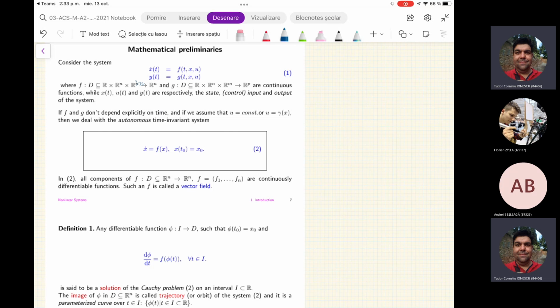And g is another function which is continuous, and x, u, and y are the state, the control, or the input, and the output of the system, the measured output of the system, I would say. In general, the models that we are familiar with make this assumption that the functions f and g do not explicitly depend on time.